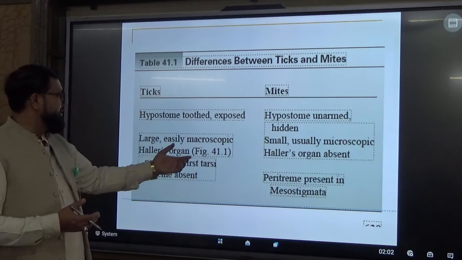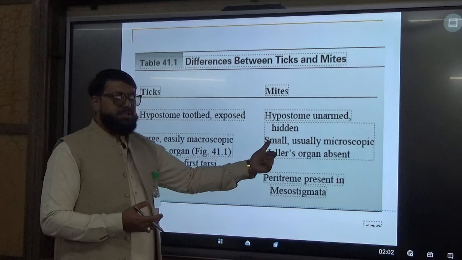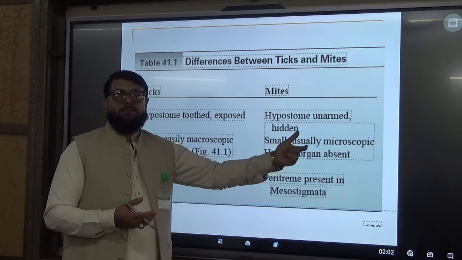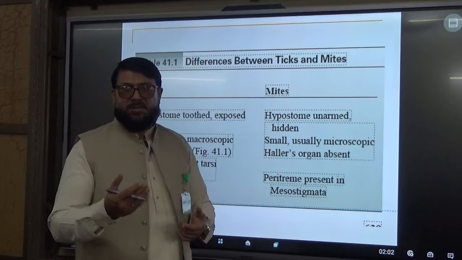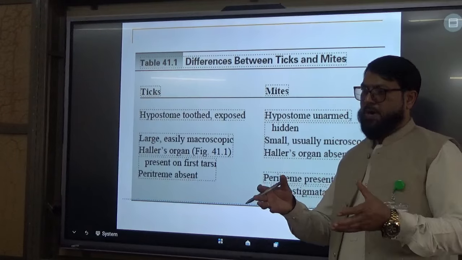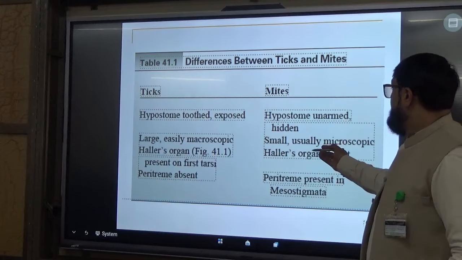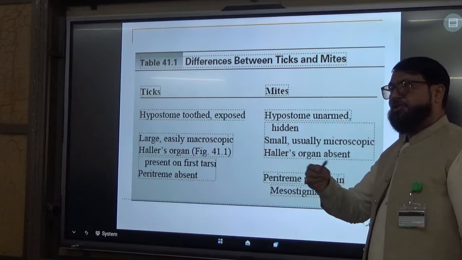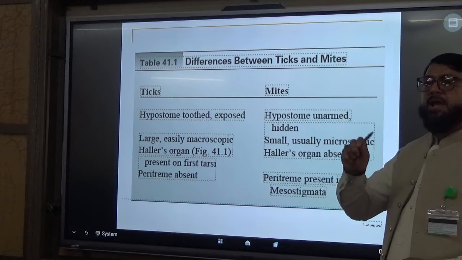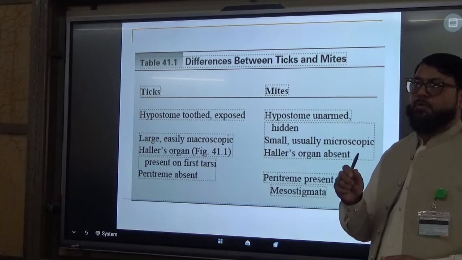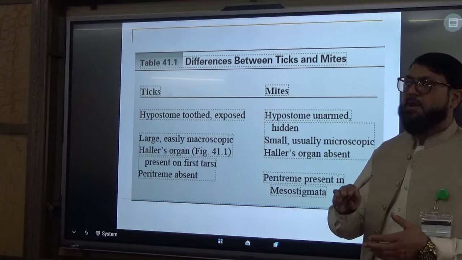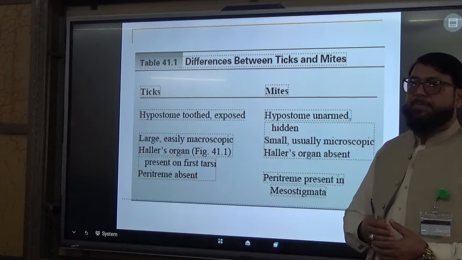But this is not the case with mites because they are small and usually microscopic, so we have to go for skin scraping examination. You might have studied in the practical part of the syllabus that you scratch the skin with a scalpel at an angle of 90 degrees, so that you can pull out the mites hiding in the deeper layers of the skin.